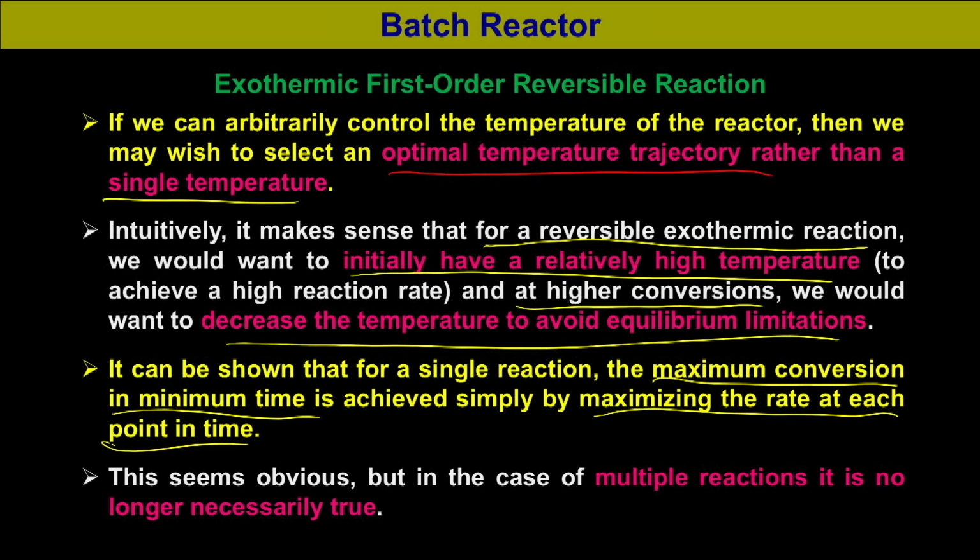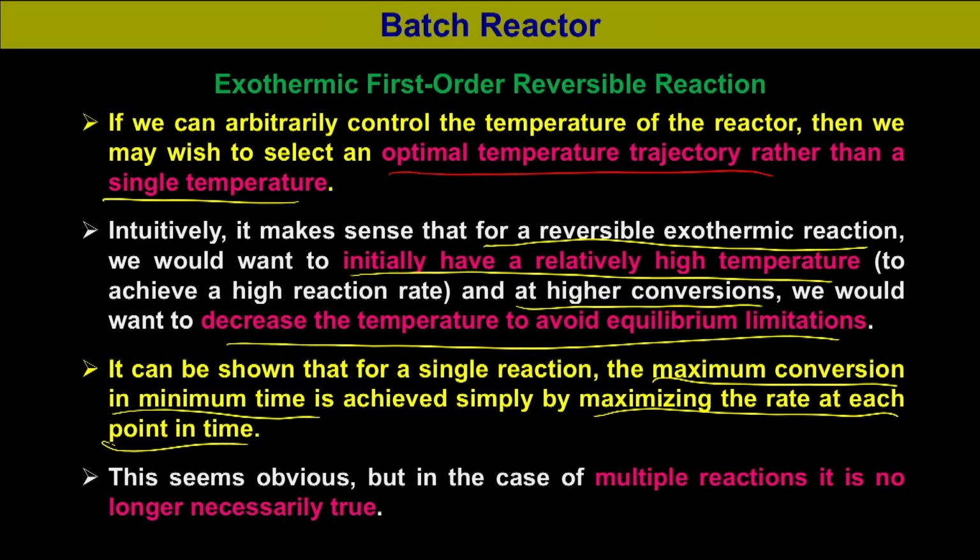We can control arbitrarily the temperature and we may select optimum temperature trajectories rather than a single temperature. Optimum temperature trajectories means we are not considering a single optimum temperature to run the reactor. The temperature will gradually change depending on our requirement to optimize the conversion and the reaction time.